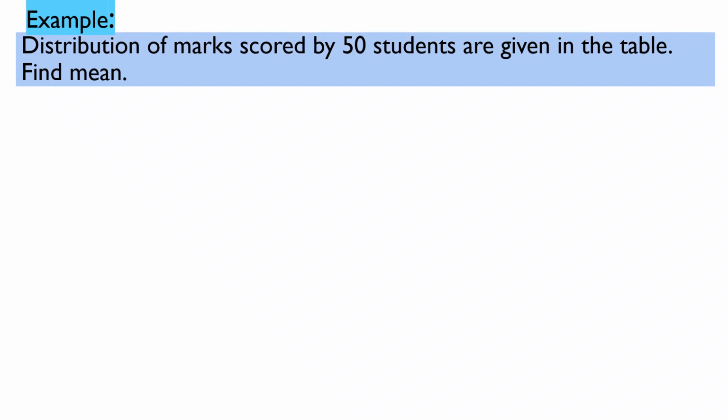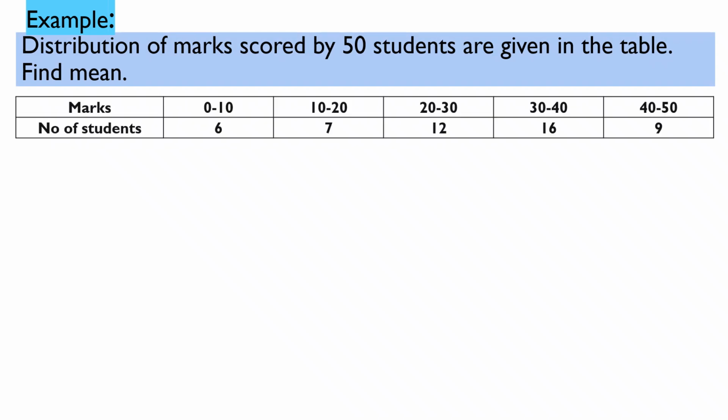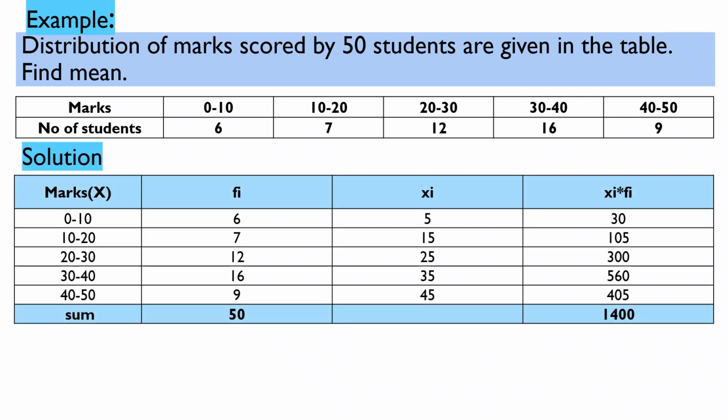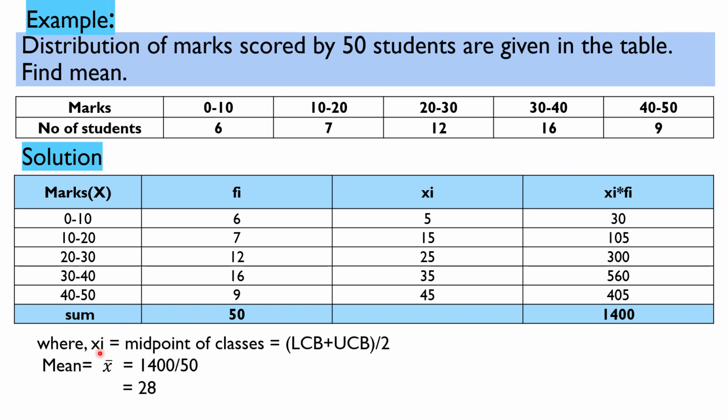Let us clear this with the help of a simple example where distribution of marks are given and we want to find mean for this continuous frequency distribution. So in this data we find that marks are in intervals and corresponding frequencies are given. We find midpoint of the classes by adding lower class boundary plus upper class boundary upon 2. So for first class it will come 5.